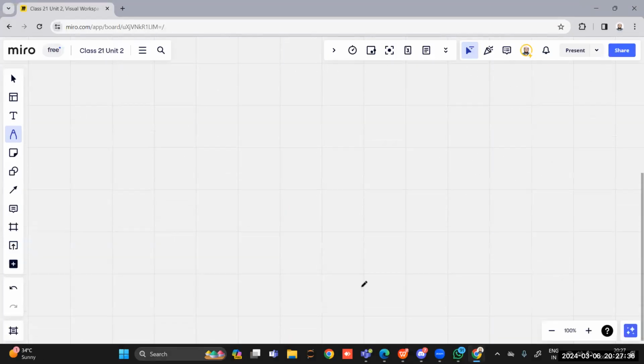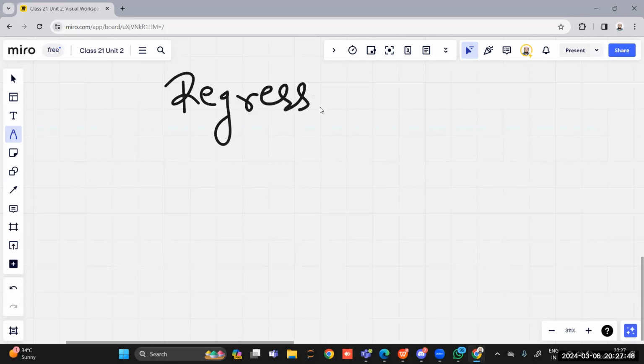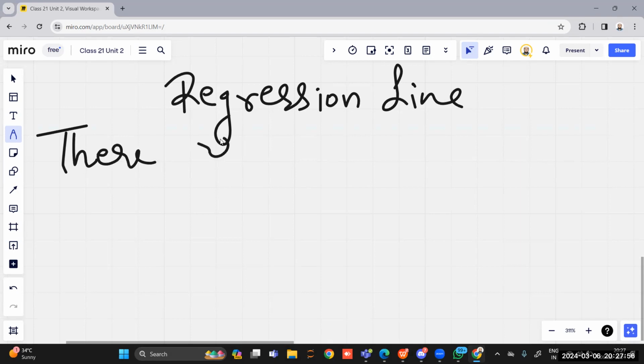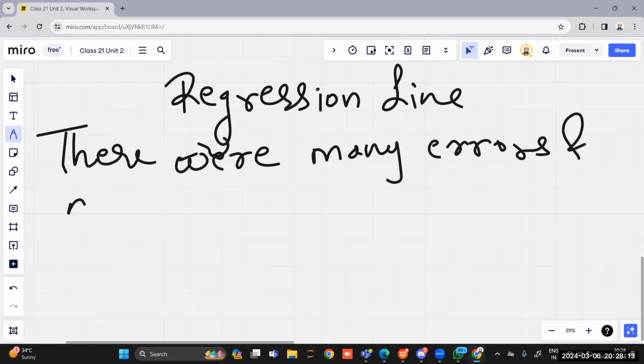So now we'll start with our topic. We were on regression, the regression line, and we have seen that on the regression line there were many errors and misinterpretation.